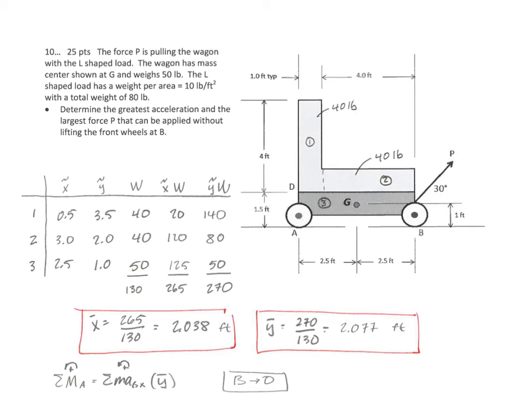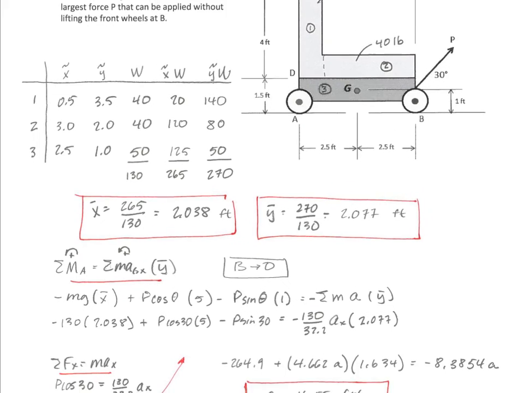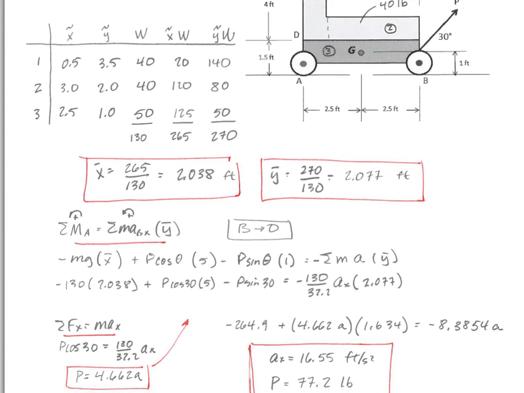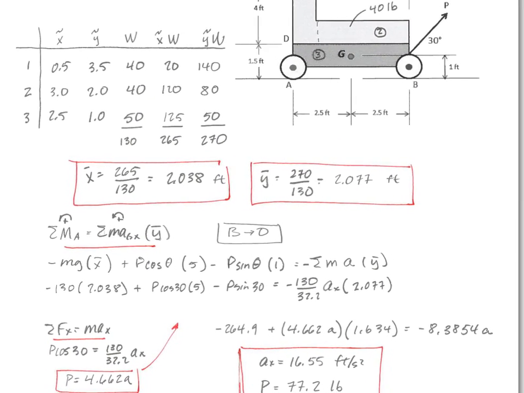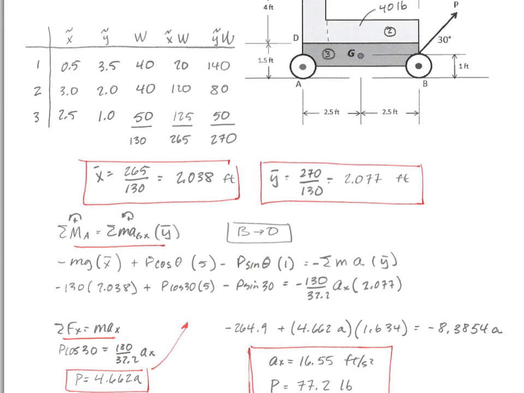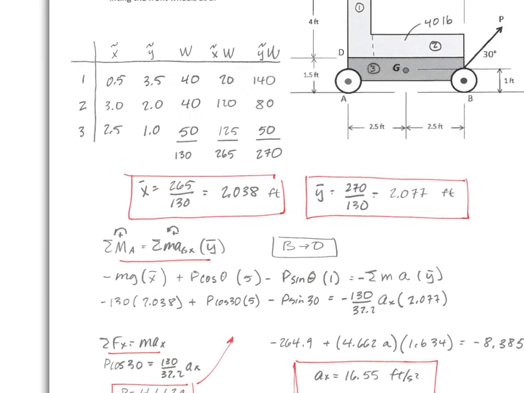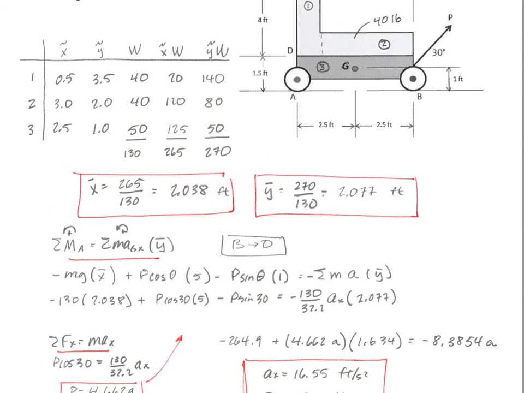With that, then I can move on to a moment equation. And I just did one equation, a moment equation. Sum of the moments about A is the sum of the mass times acceleration times y bar. I calculated the y bar and the x bar for this moment equation.